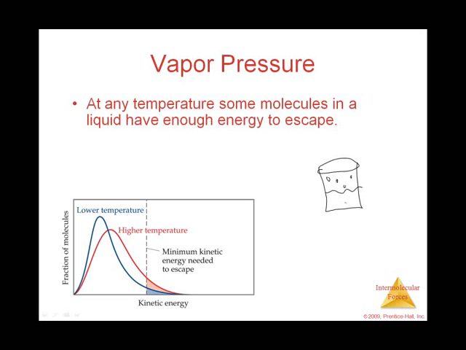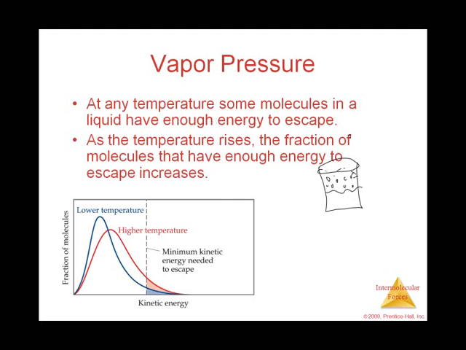And the higher the temperature, the more water molecules I'll have, and the more I'll see condensation in the bottle, right? Or I'll see droplets on the side, okay? So the higher the energy, the more particles I have that are able to escape and go into the vapor phase, okay?